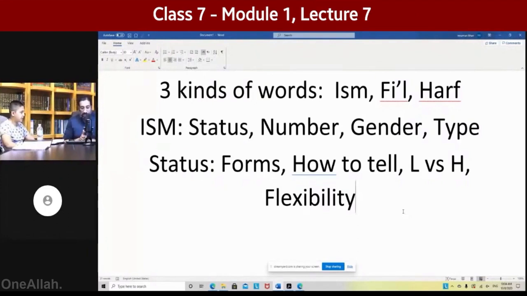Yusufu, Yusufa, Yusufa, meaning the rafa ends with u, the nasab ends with a, the jar also ends with a. Then there's Musa, which means you can't change nothing. It stays the way that it stays, whether it's rafa or nasab or jar. So the 3 ways of saying Musa is actually 1 way. Musa. That's why those 3 names will help, right?